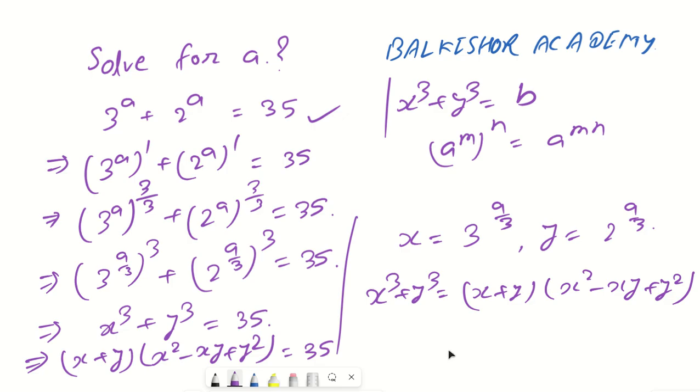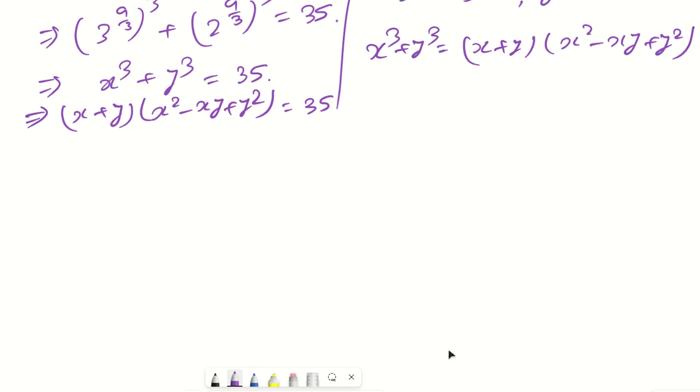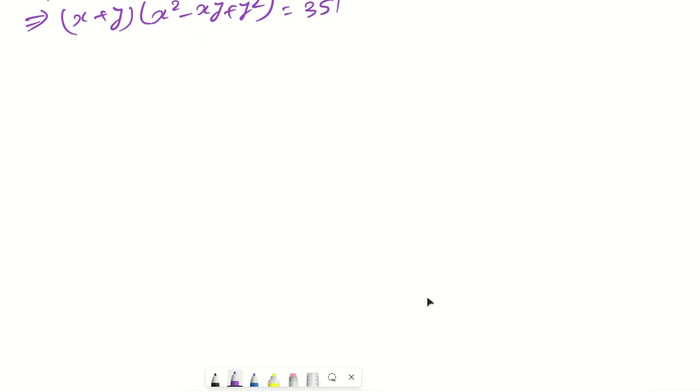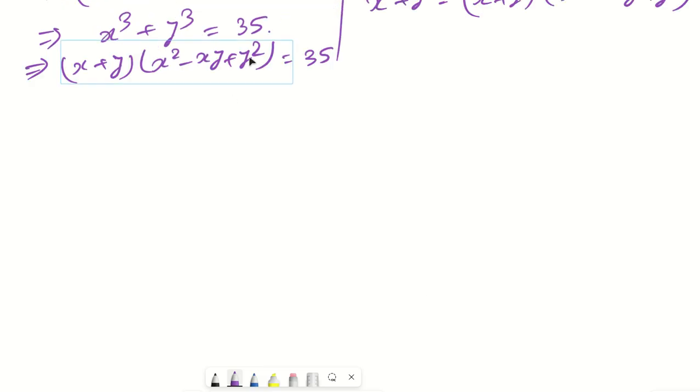Now, you know one thing, this 35 can be expressed in various forms. Like if you want to find out, 5 into 7, right? So 5 7s are 35.